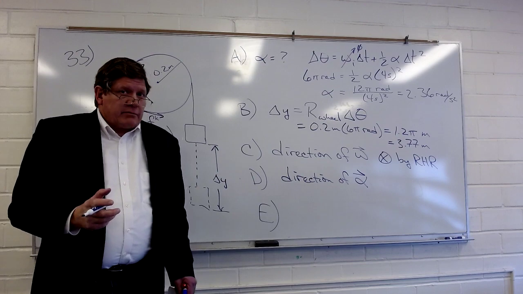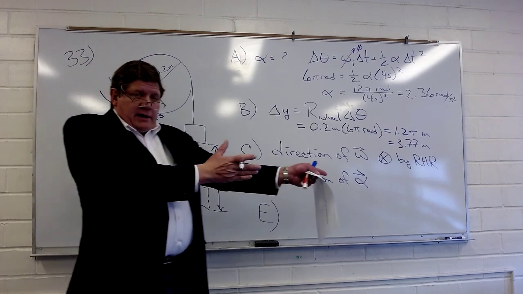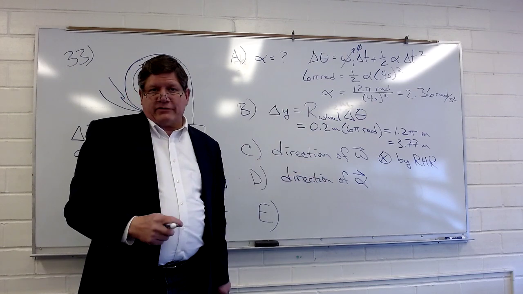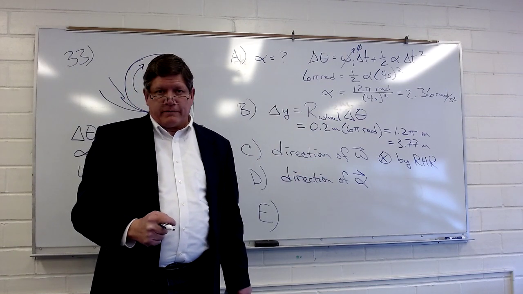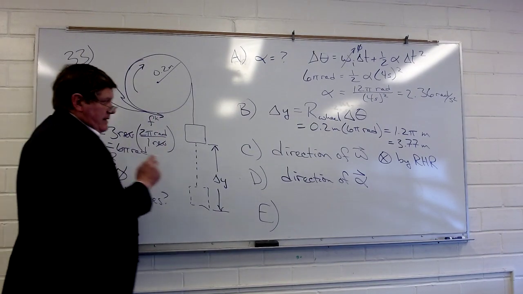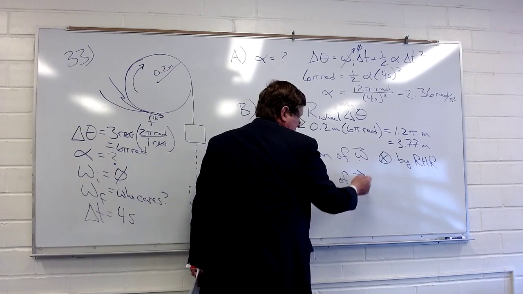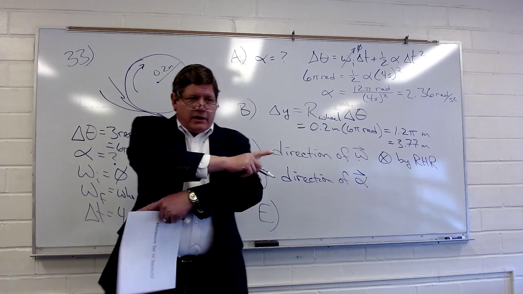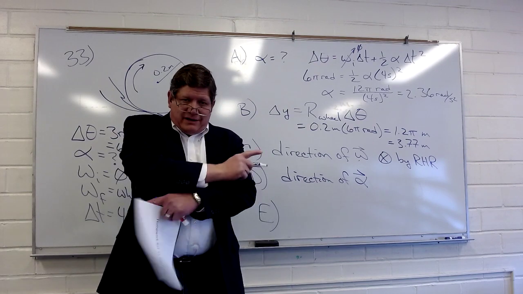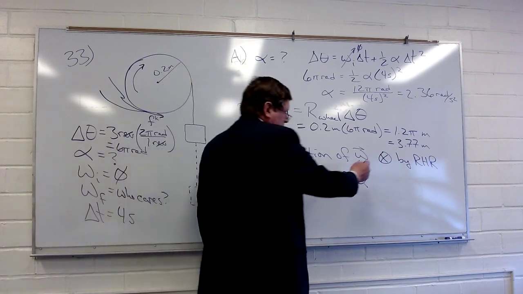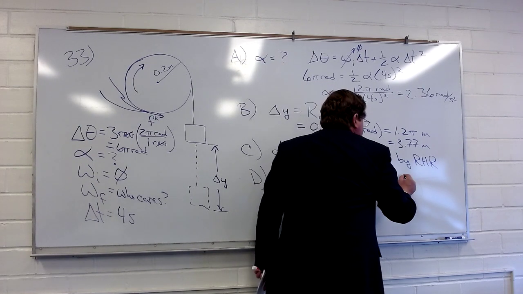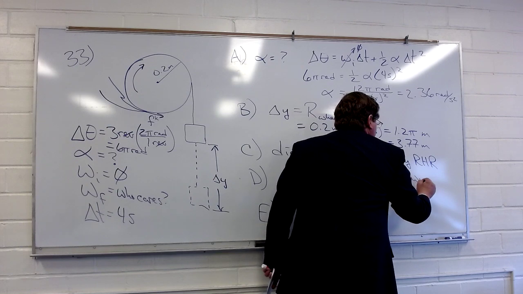And just like in linear motion, when something's speeding up, the velocity and the acceleration are in the same direction. We have the same situation with angular motion. In this case, because the wheel is slowing down, these two vectors, omega and alpha, have to be in opposite directions. I don't care which one's into the board and which one's out of the board. They just got to be opposite. So if omega is into the board, alpha has to be out of the board because it's slowing down.